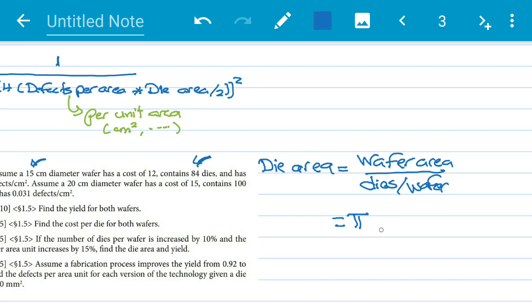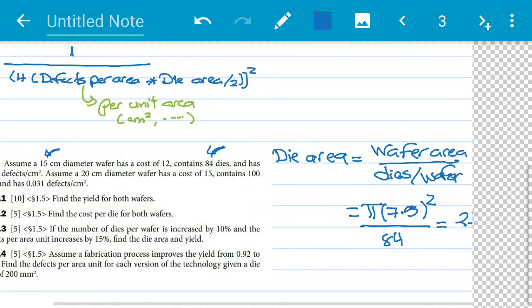What is the r here? The diameter is 15 centimeter, so the r is 7.5. So it's pi times 7.5 square, because we agreed that the wafer is circular. Here we calculated the wafer area. We have the dies per wafer, which is 84. Calculating this, it's 2.10 centimeter square.